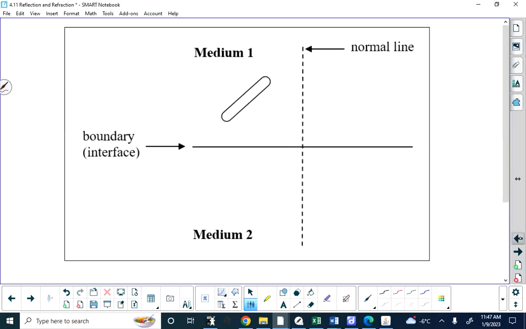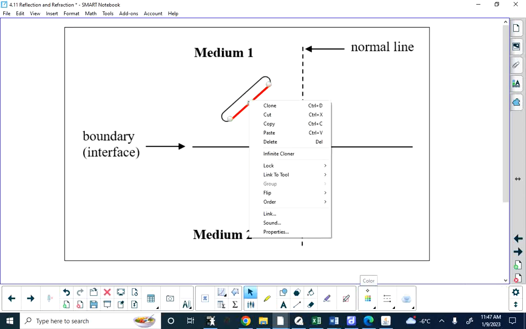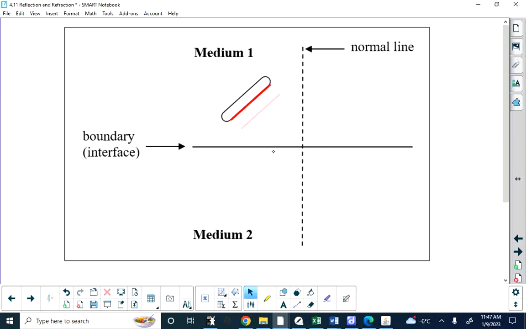Well, again, and you're going to see a full diagram in all its glory in a minute, I don't think you want to draw in all of the wave fronts. I'm going to draw in 2 or 3. These are incident wave fronts.